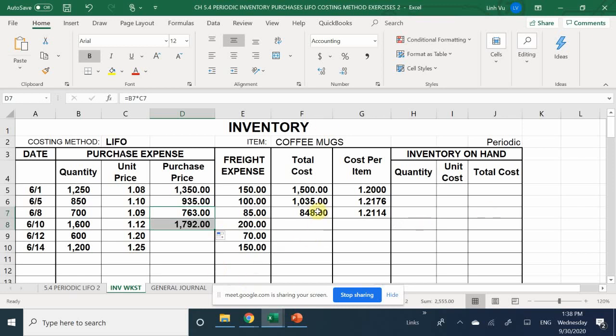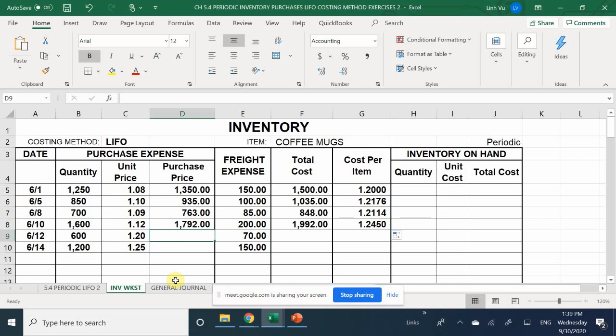Good, and my total cost is $1,992. And my cost per item is $1.245. Perfect.